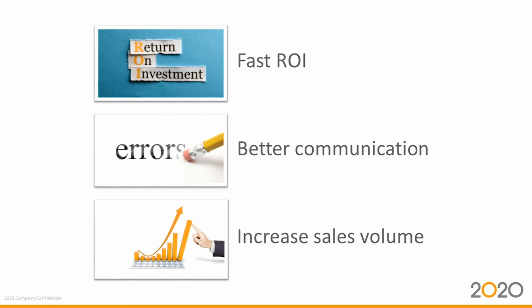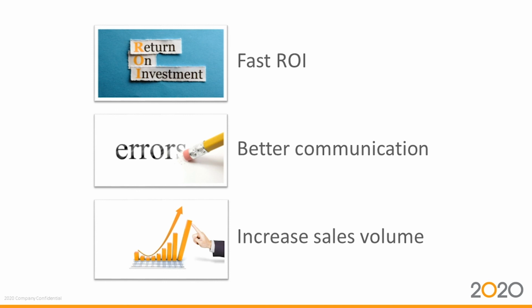We can almost guarantee a very fast return on investment, because we can utilize what you already have in your system, do a little bit more data setup, and then get a quick return on investment on the first phase of the implementation by utilizing what you already have.